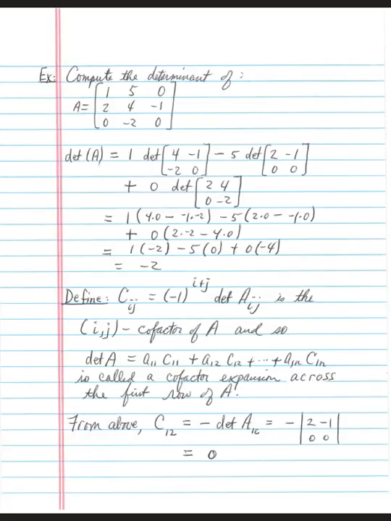So let's do an example. Compute the determinant of matrix A that's given. Row 1, column 1, so that A sub 1,1 value is 1. Crossing those out, you have these 4 values left. Determinant of that 2 by 2 matrix, it's called a minor. Then alternate your sign to minus, so it's plus, minus, minus 5.